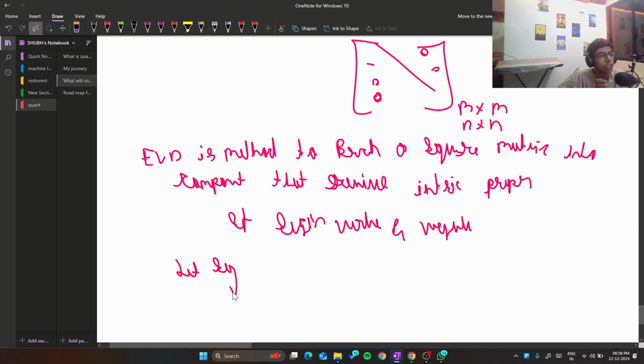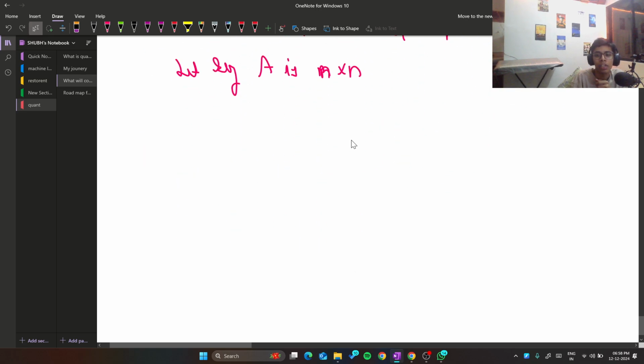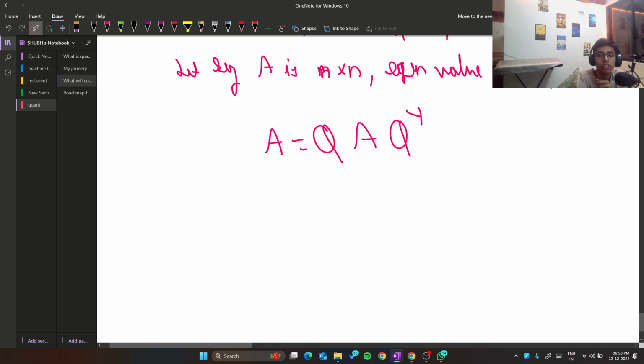Let's say A is an n by n matrix, and its eigenvalue decomposition is A equal to Q Lambda Q inverse. We have seen this. Here we have to remember Q is an n by n matrix, and Lambda is also an n by n matrix, where this is a diagonal matrix.